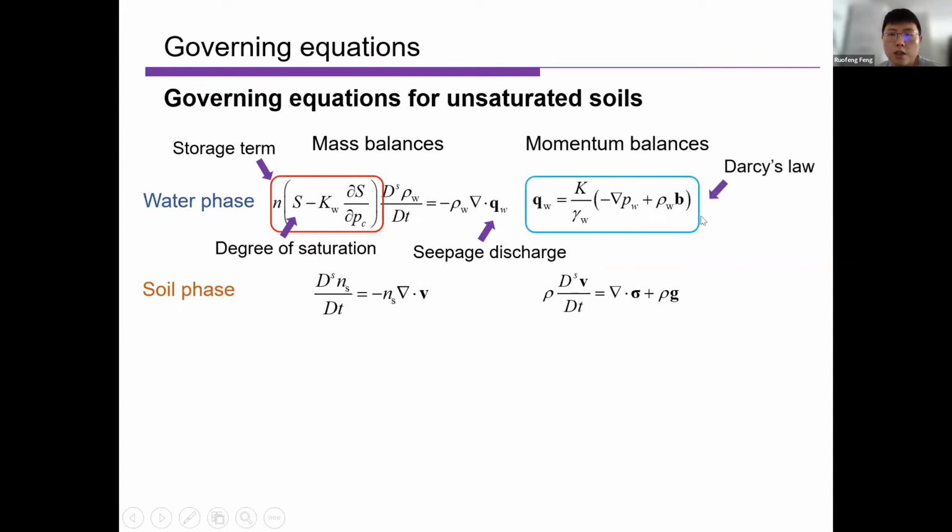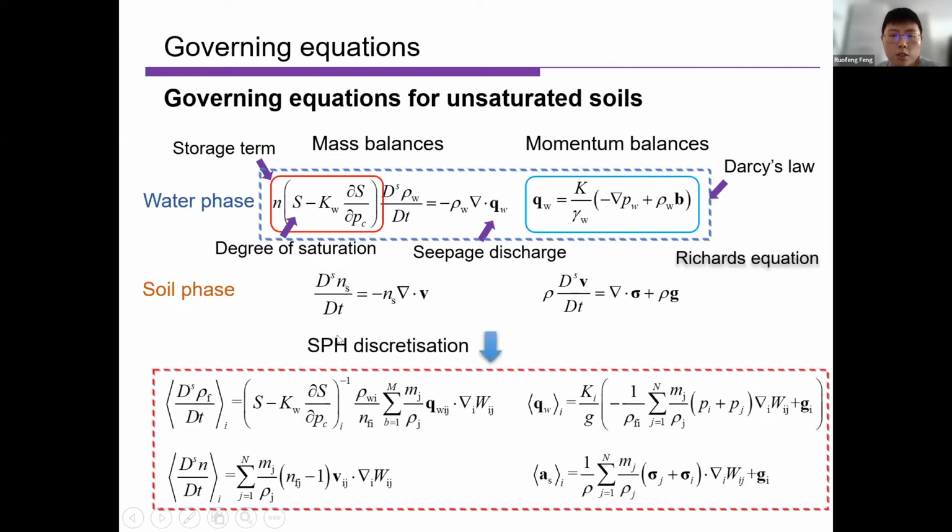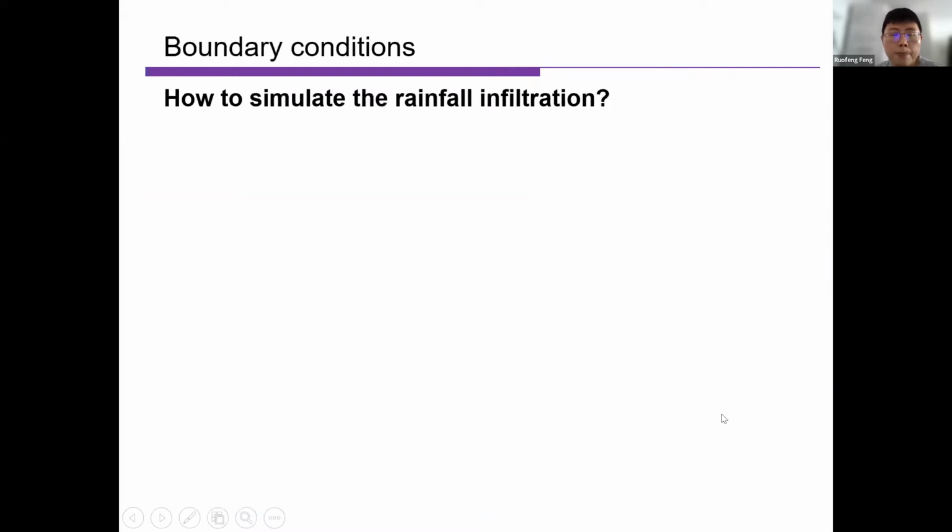And here is Darcy's law. The combination of the two equations is the well-known Richards equation for unsaturated seepage flow. So after discretization, we have our SPH equation. This is combined with a hydraulic model and a mechanical model to close the governing equations.